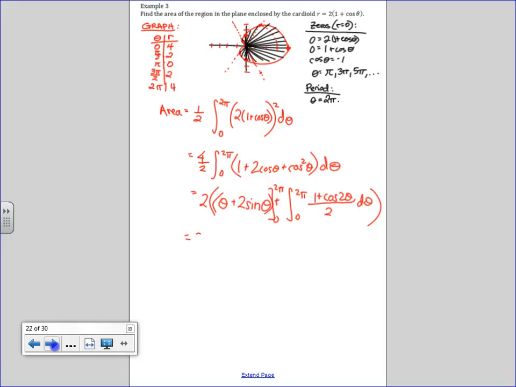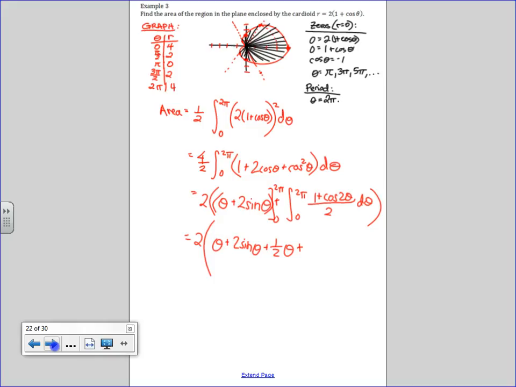Now I'd end up with 2 times theta plus 2 sine theta, plus 1/2 theta plus 1/2 cosine 2 theta. U is 2 theta, du is 2, so that'd be 1/2. I already have du, so I'm good, I think.